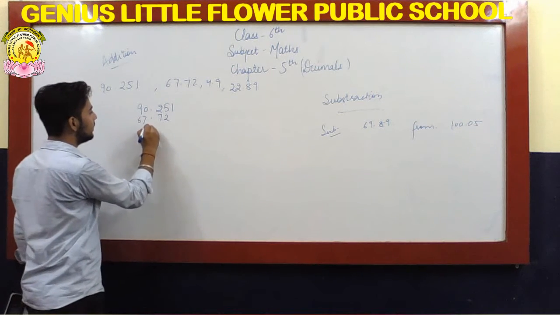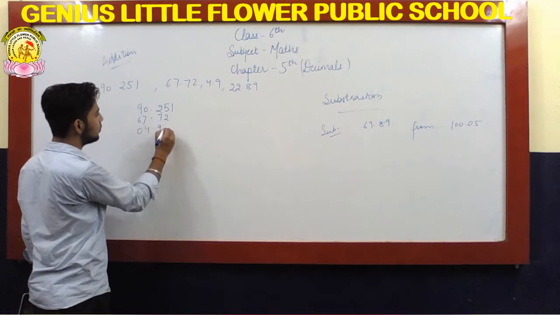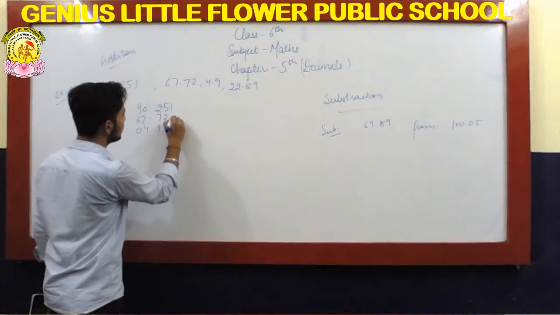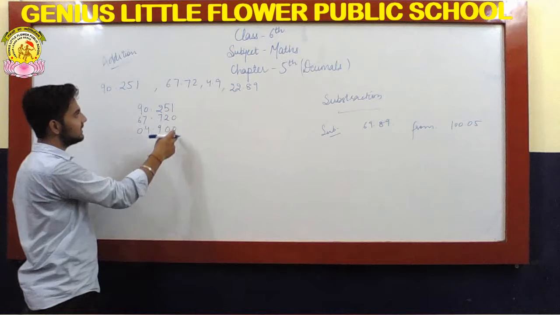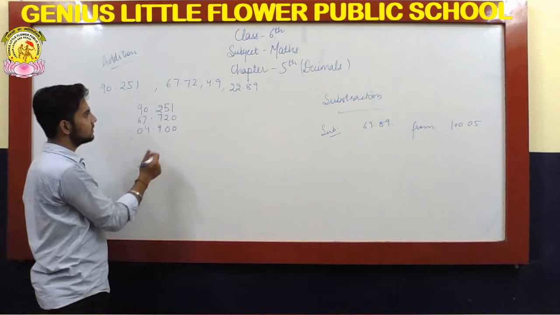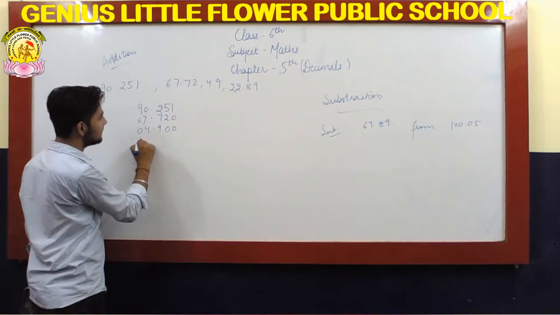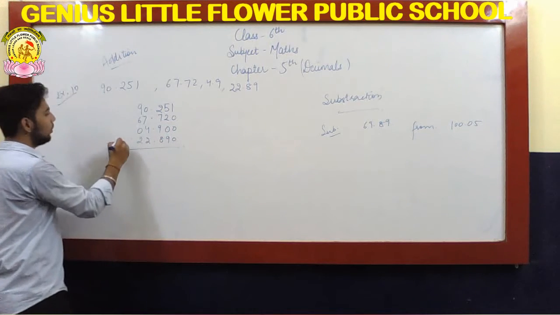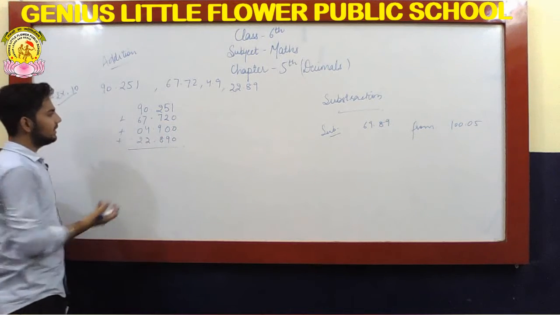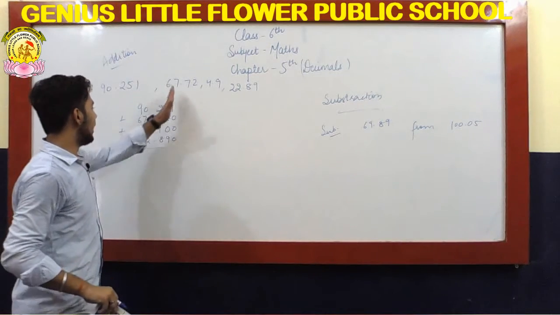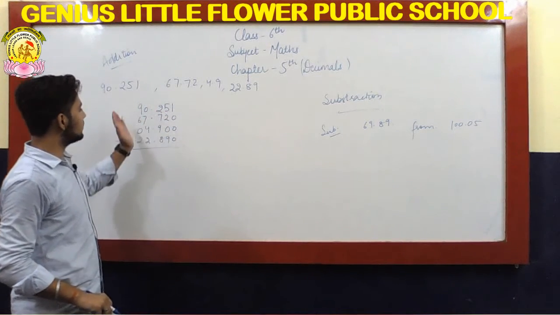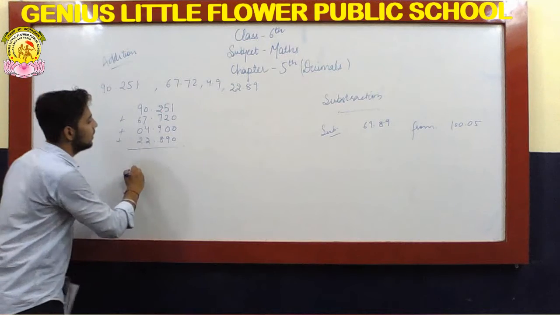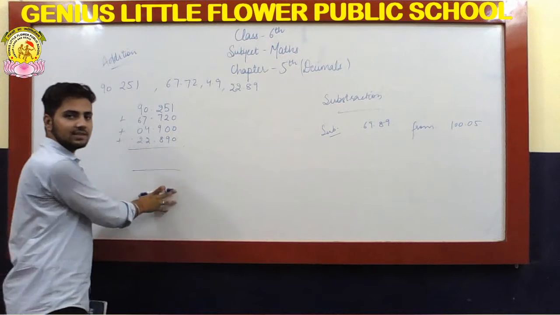Similarly, you have to write all these, 4.9, and you can use zeros on the other side, because you have 3 digits after that, so you can use zeros. And the last number is 22.89. So now you always add all these along, with carryovers, and you can solve this calculation.